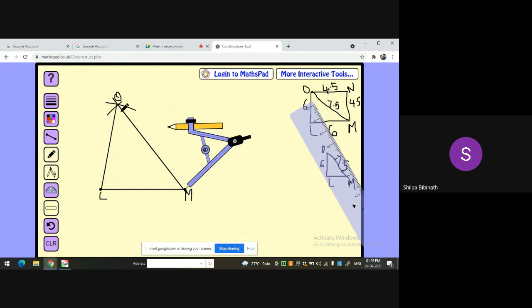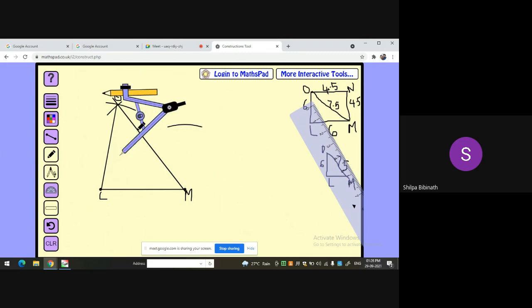Okay, and from O to N it is 4.5 measurement is given, so we have to keep the same distance. Don't change your compass, the measurement is 4.5 only, so we'll keep it at point O. We are going to draw arc so that it intersect here. Now we got the point of intersection. This will be the point N here. Okay, now we are going to join this.